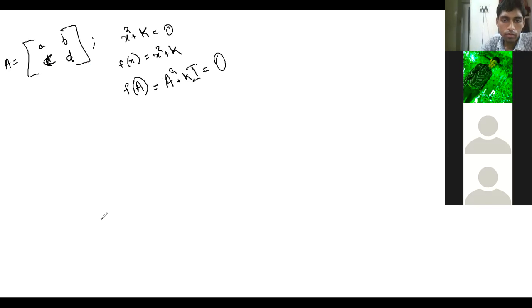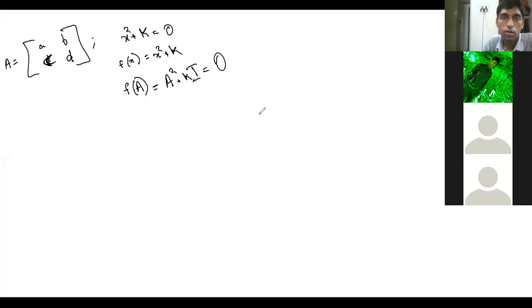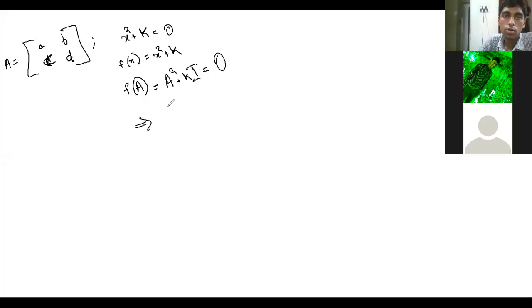Okay. What are the options? A plus d equals 0, k minus determinant, k equal to determinant. None of this. Option A has come after that. Option A answer has come? Yes sir. So what is the doubt then? Sir, the determinant part. Why bother with it if it is not the answer?